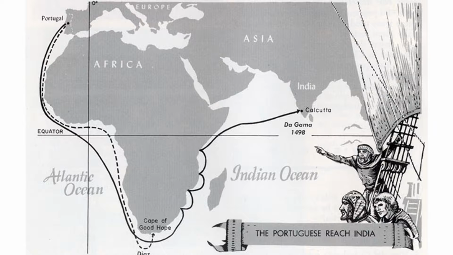They assumed that if you kept going south in water on these ships around Africa, which they didn't know how far south it extended, you would theoretically be able to then get to the east. And so they began to extend further and further down the African coast.